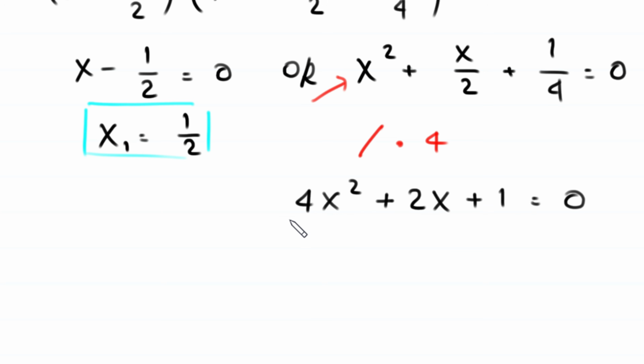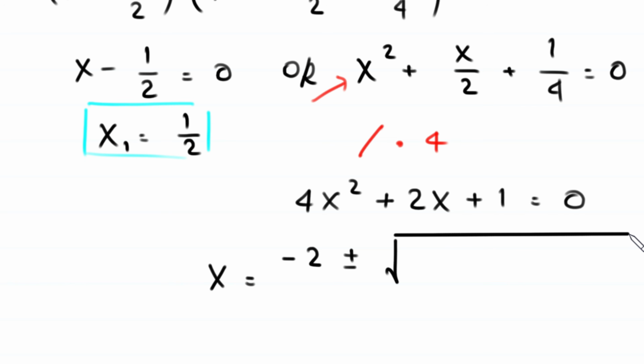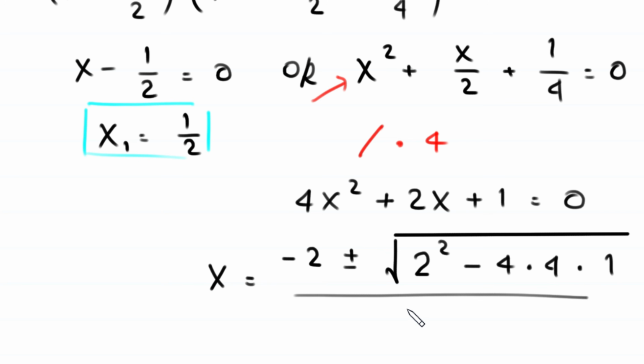This quadratic equation is not factorable, so we solve it by the quadratic formula. According to the quadratic formula, x equals negative b, which is 2, plus or minus the square root of b squared, we write 2 squared, minus 4 times a, which is 4, times c, which is 1, divided by 2 times a, which is 4.